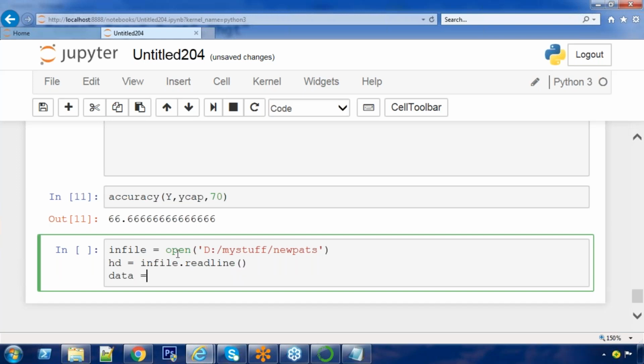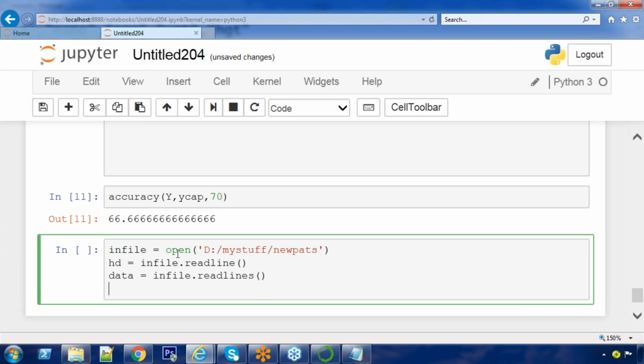Remaining data lines. Now we have 3 elements in this data. Data is a list. List has 3 elements.